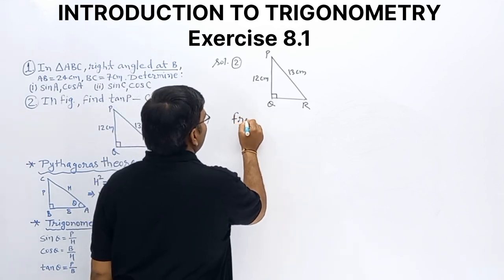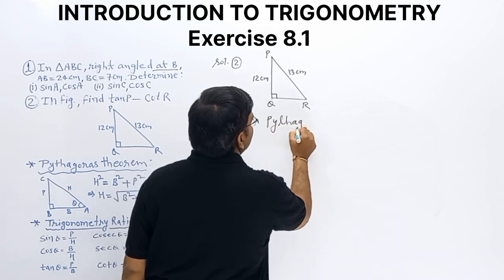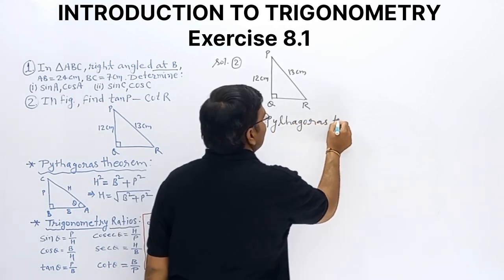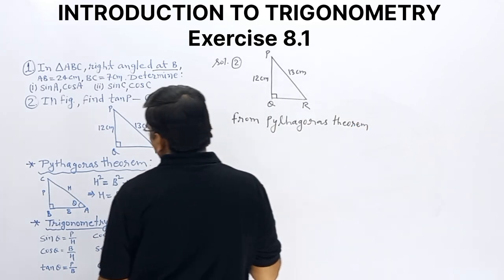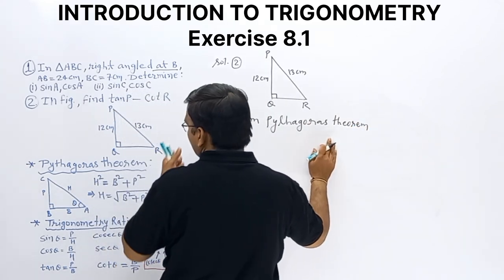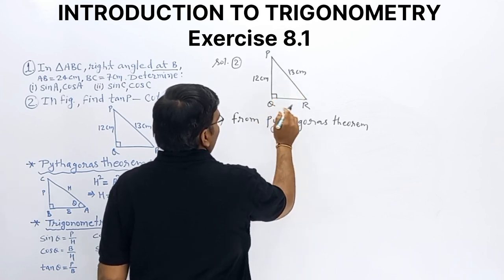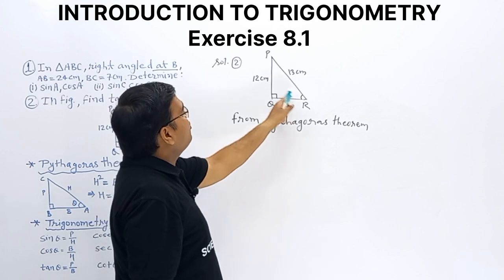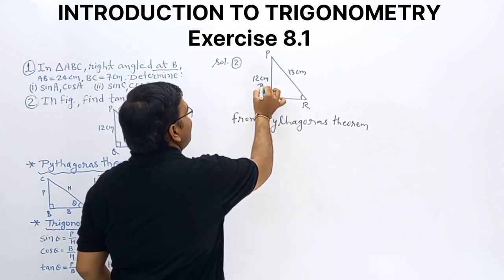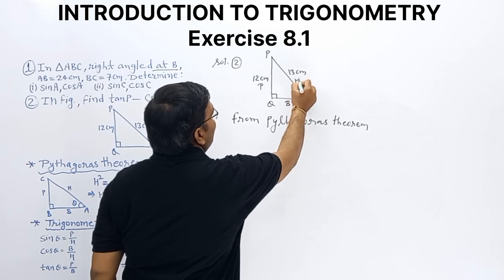From the Pythagoras theorem. What is the Pythagoras theorem? Observe: I am assuming this is the acute angle, then its opposite will be the perpendicular, its adjacent will be the base, and then the hypotenuse.